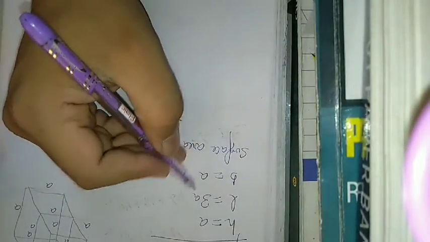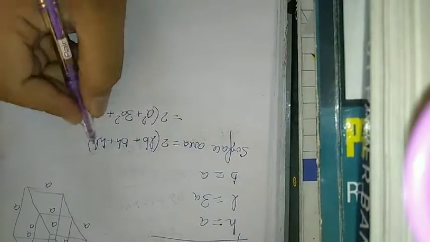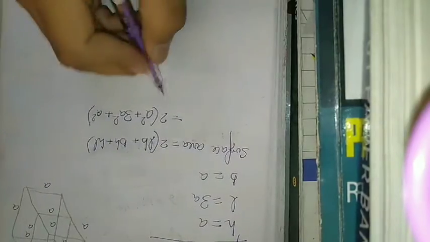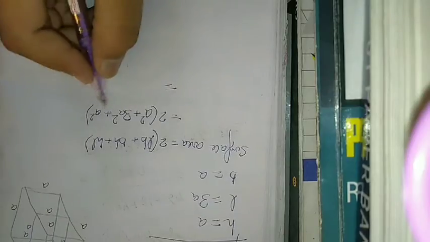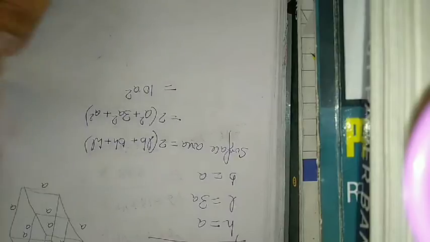Breadth into height, 3a into a is 3a square, plus height into length, a into a is a square, right? So this is coming to 10a square, right? Okay.